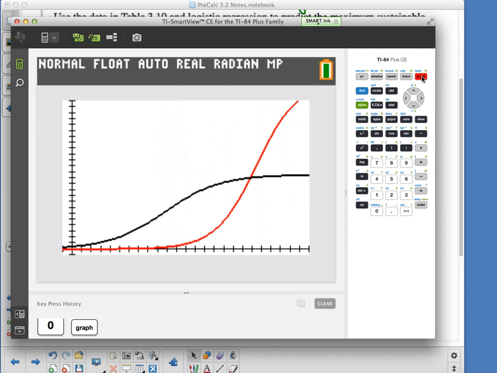Yet, although I put in that much larger value of time for Florida, it's not achieved its limit to growth yet. Matter of fact, what I have on the graph is 2050. So when you guys finally decide to retire, there'll still be room in Florida for you to go hang out. Okay, phew.